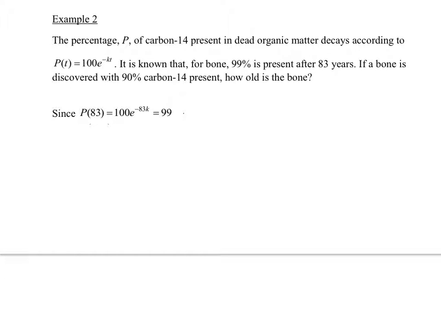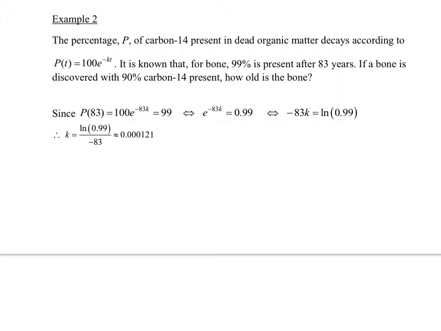This equation is just an exponential equation. The next obvious thing to do would be to divide both sides by 100. And if we do that, what we'll get is this equation. We can write that then in logarithmic form, like this. And then finally just divide both sides by negative 83, and we'll get k roughly equal to 0.000121.